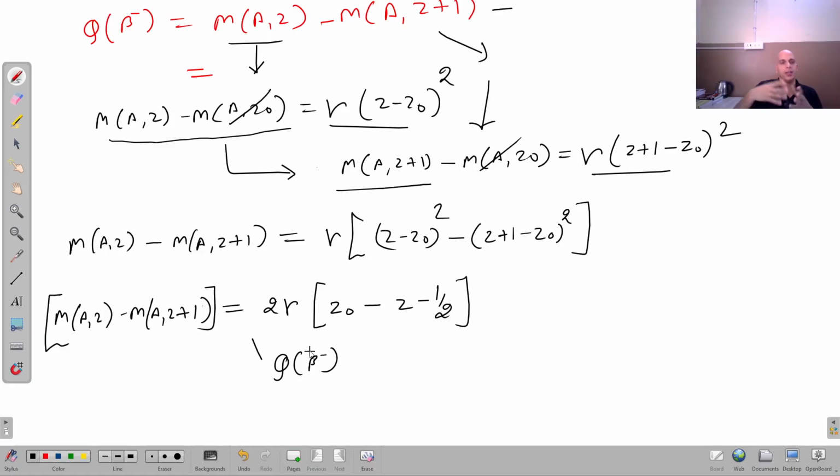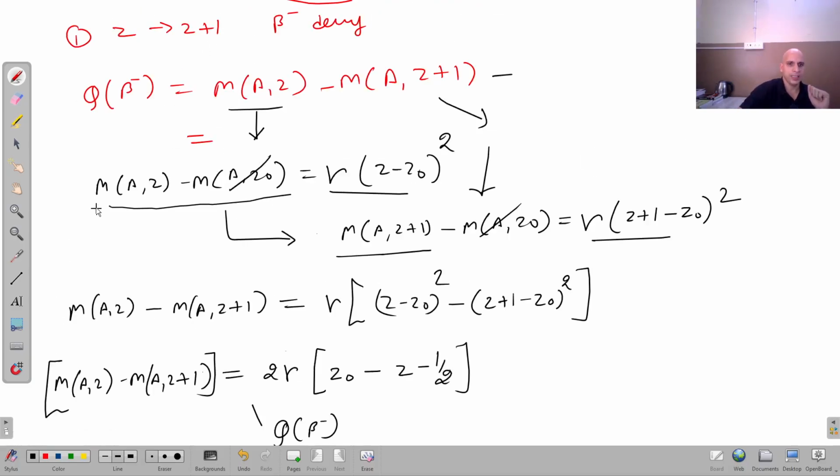Q value is basically defined as the amount of energy absorbed or evolved in any nuclear reaction. So this is the required result. Now if I know the value of gamma and Z0, then I can calculate the value of this energy in this reaction. So this was the case when we considered beta negative decay.